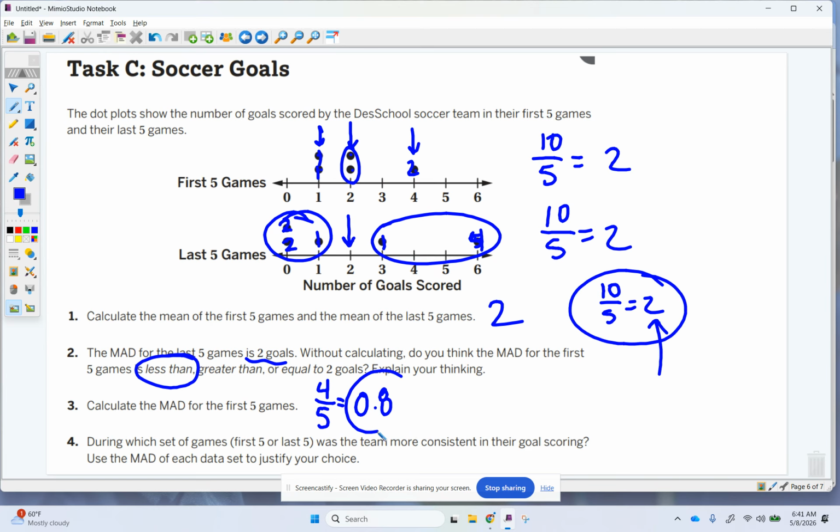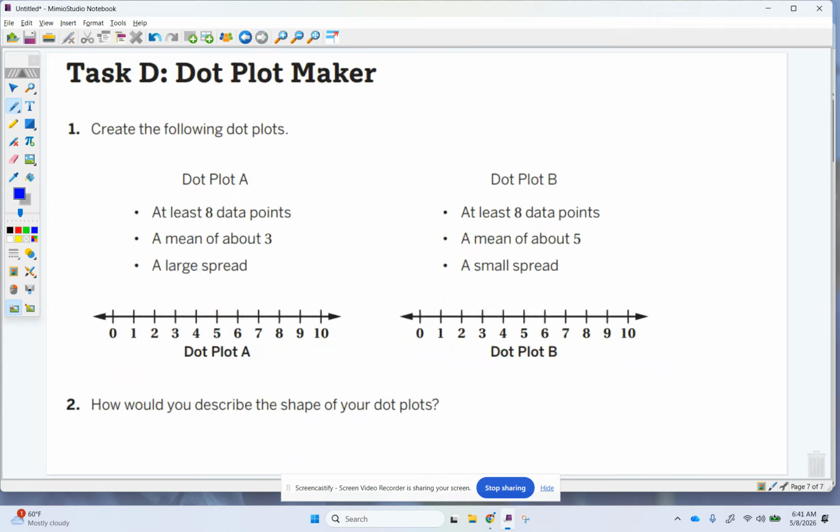In the first set, the MAD is 0.8. They're way more consistent at the beginning. Maybe they got tired. Maybe they played different better teams or worse teams. It doesn't matter. But the last 5 games were definitely more spread out. The first 5 are much more consistent.